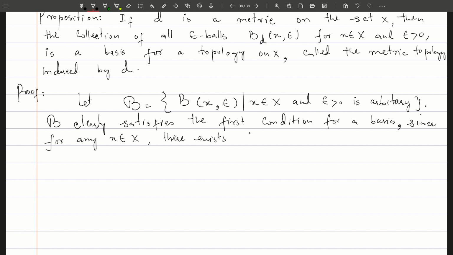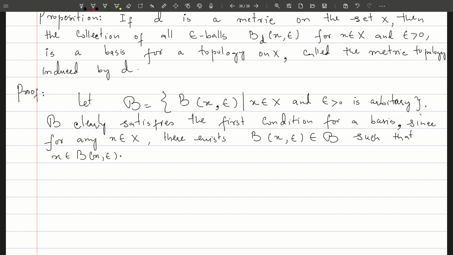There exists some element B(x, epsilon) in this 𝓑 such that x is in the basis element B(x, epsilon). So this is trivial. The condition first is trivial.